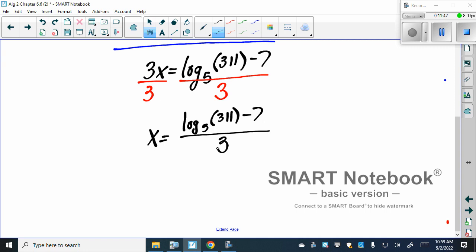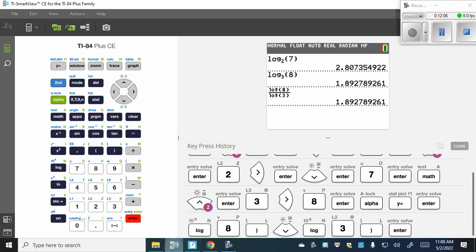And again, like the ones at the start, rewriting this part out did seem necessary, because it's not too bad to type in log base 5 of 311. This here is where we can get a little bit more mistakes just by typing it in, so it's good to have that there.